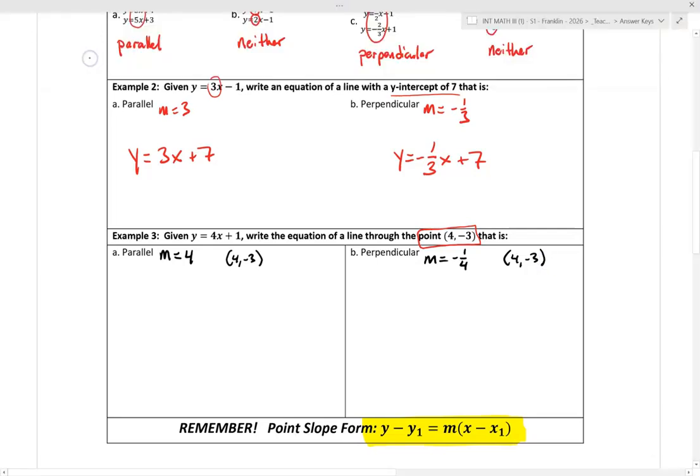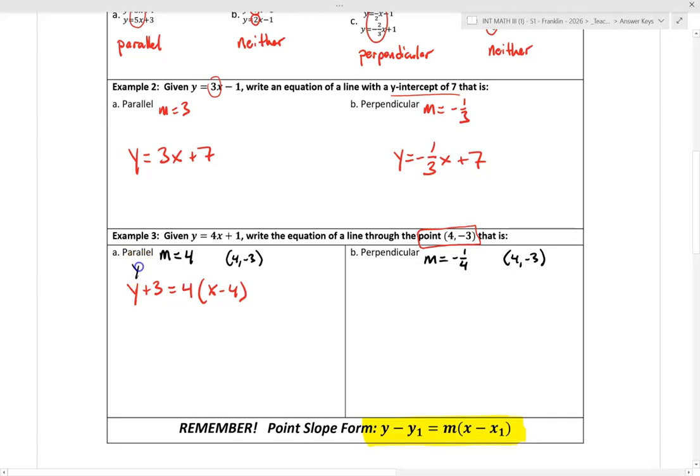So now let's fill in what we know. We know it's y minus y1 equals m times x minus x1. And those y1 and x1 are the x and y values from the point we're given. So to set this up here, it'd be y minus negative 3, which turns into plus 3, equals the slope, 4, times x minus 4.